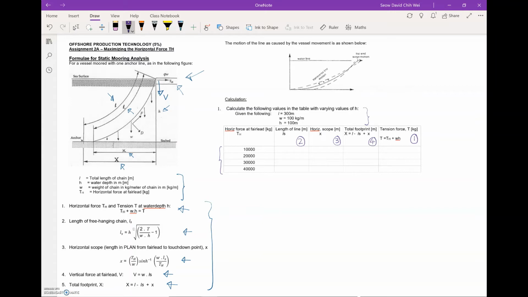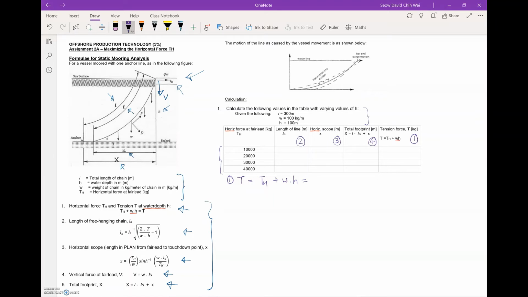Okay, so let's look at number 1, tension force. Tension force is given as the horizontal force TH plus W multiplied by H. I will use dot as multiply.